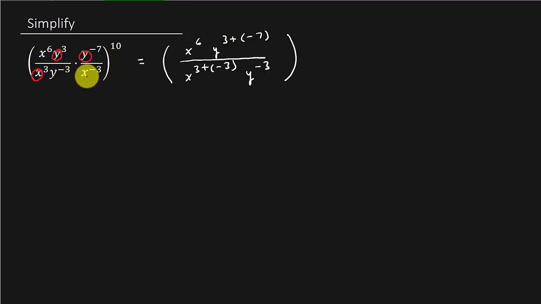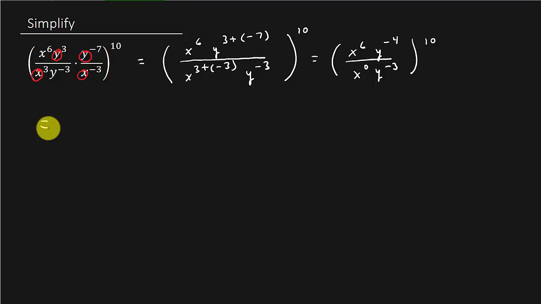I have like bases with the x's, so I add the exponents. And remember, all of this is raised to the 10th power. So now I've got x to the 6th times y to the negative 4 over x to the 0, y to the negative 3, and then all of that raised to the 10th.